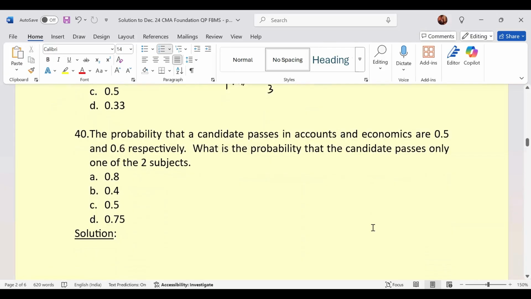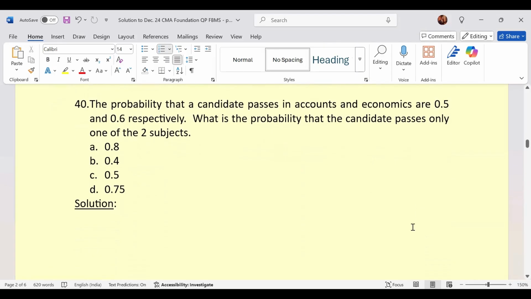Then question number 40, the probability that a candidate passes in accounts and economics are 0.5 and 0.6 respectively. So I will say probability of accounts passing is 0.5, which is given.